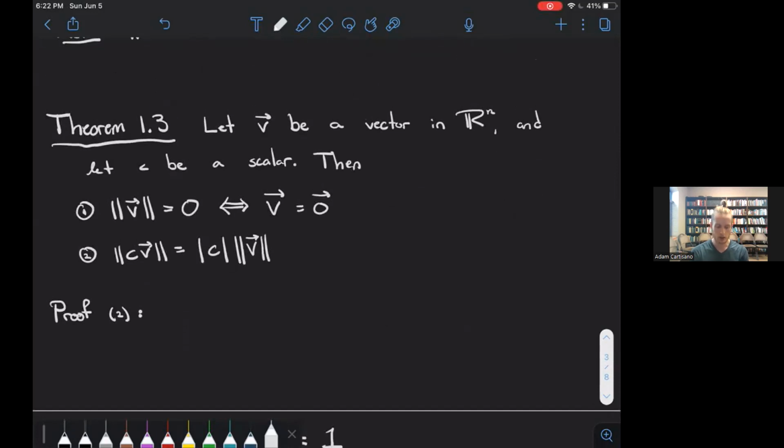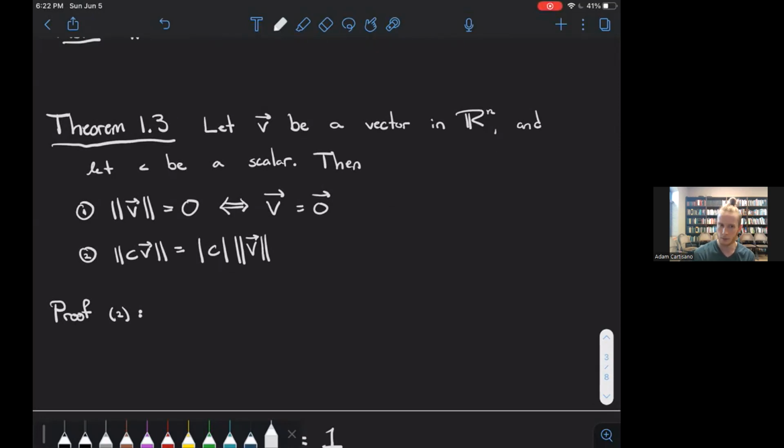So now let's look at just another theorem about the behavior of norms of vectors. So let V be a vector in Rn and let C be a scalar. Then the norm of V is precisely 0 if and only if V is the 0 vector.